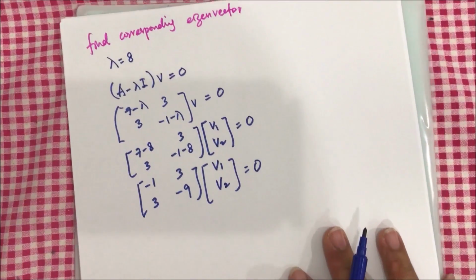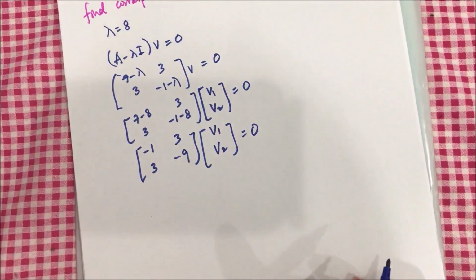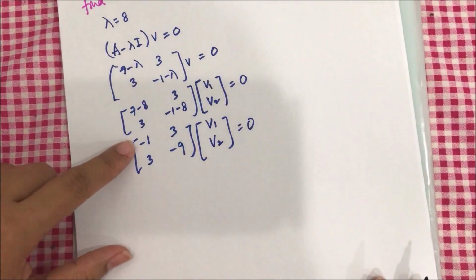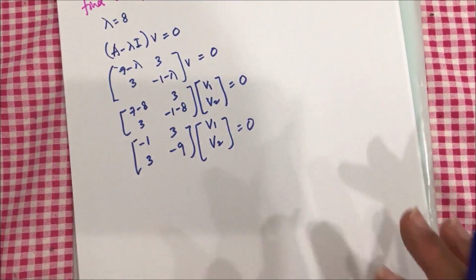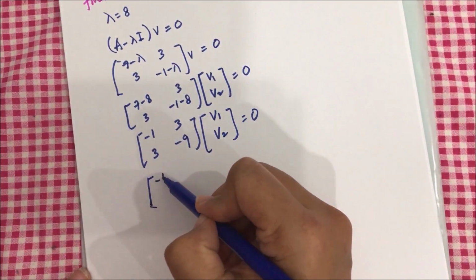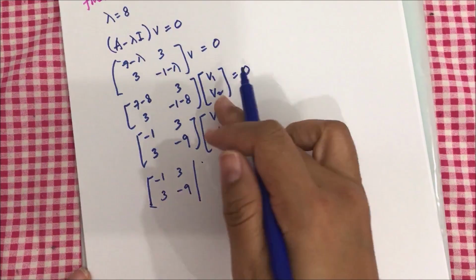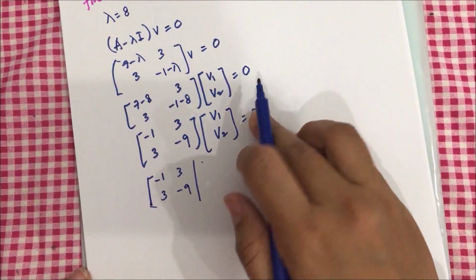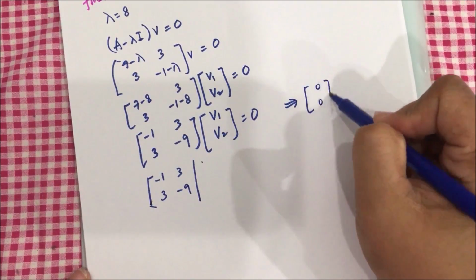So remember Gauss elimination. Let's say we have these two linear equations. This means we have negative 1, 3, 3, negative 1, and this one we don't know, equal to 0, 0.